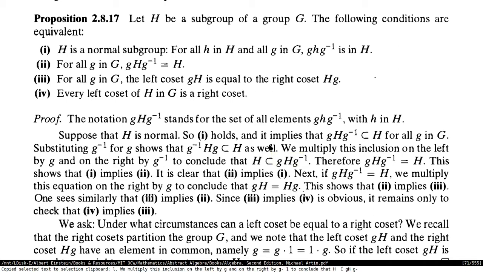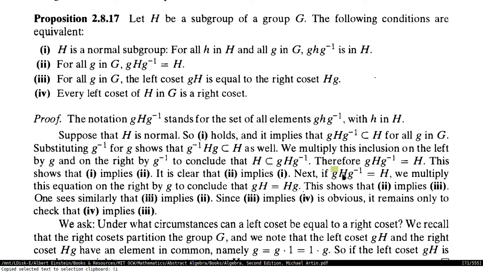I messed it up, but you just show that they are subsets of each other and thus the sets are equal. So this shows proposition 2: 1 implies 2. 2 does imply 1.